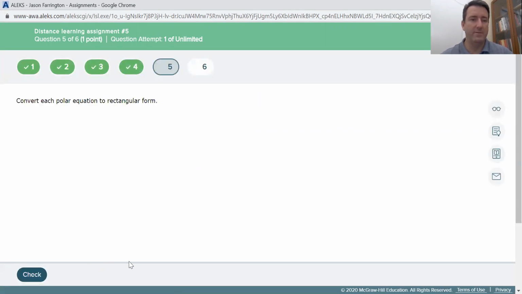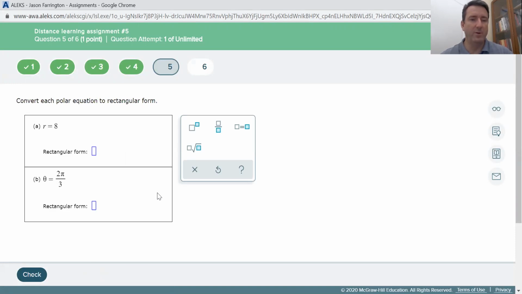Number 5. Convert each polar equation to rectangular form. So here we have r equals 8. So remember, r equals 8 is going to be all the points that are 8 away from the center, which is just going to be a circle with a radius of 8. So let's replace this r with the square root of x squared plus y squared.